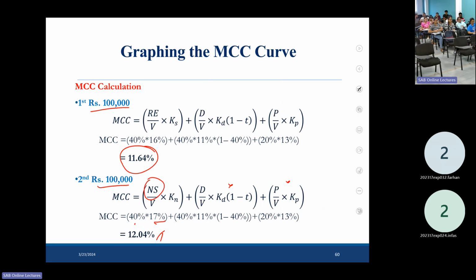But if you have to raise new additional capital, this is the relevant cost. So that is what we call marginal cost of capital.